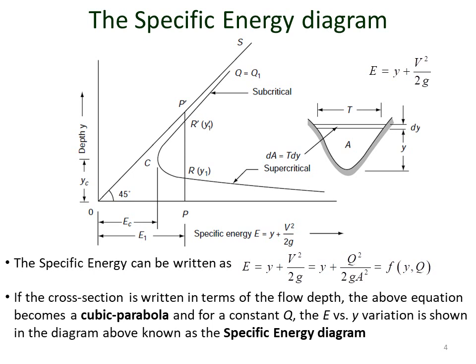You can also notice there is a line OS at a slope of 45 degrees with the horizontal. You can obviously guess that this line represents the line where specific energy equals the flow depth, or E equals Y.